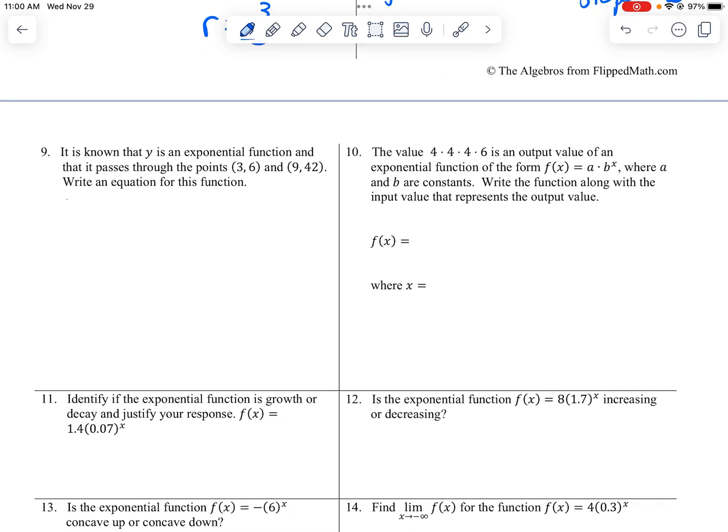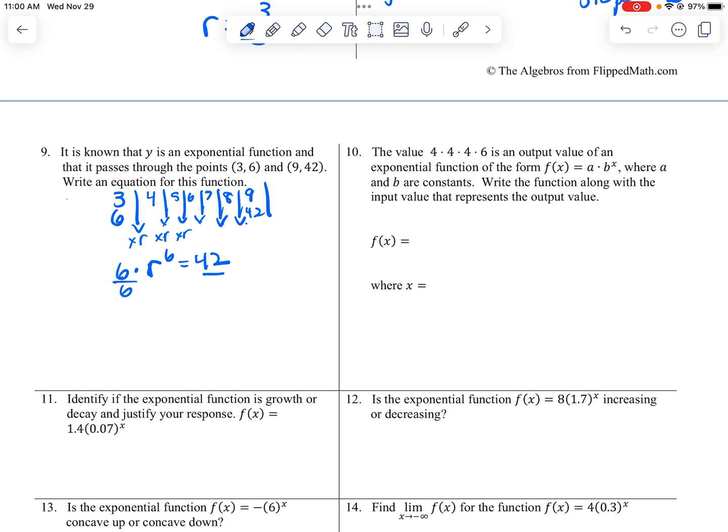It is known that an exponential function passes through the coordinates 3, 6, and 9, 42. Write an equation for this. Okay, well, let's see. If I start at 6, 1, 2, 3, 4, 5, 6, times r 6 times, and I get 42.